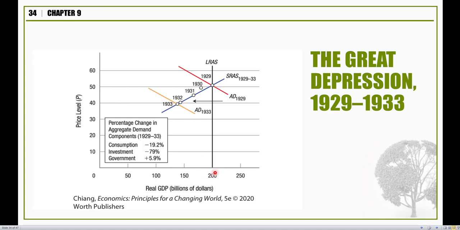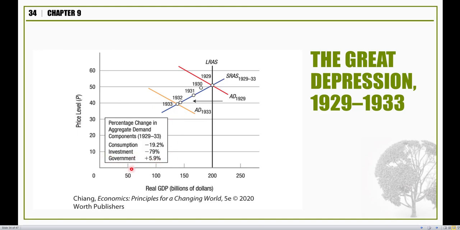We noticed that consumption dropped by nearly 20%, investment dropped by nearly 80%, so these are all affected by the multiplier, remember, so these are huge shifts over to the left towards the origin. We had a small increase in government spending during this time period, but this is paltry compared to these two components, so only a 6% increase in government spending. That was far outweighed by the decreases in consumption and investment, which led us to being in a very bad economic situation for quite a while.